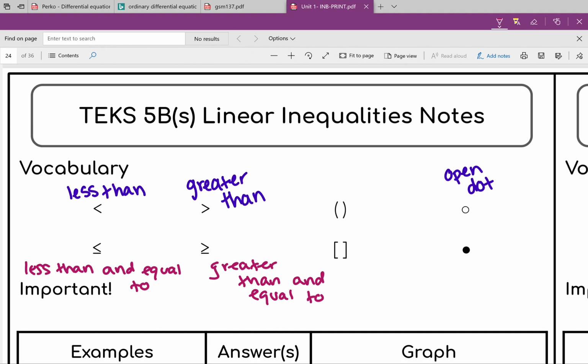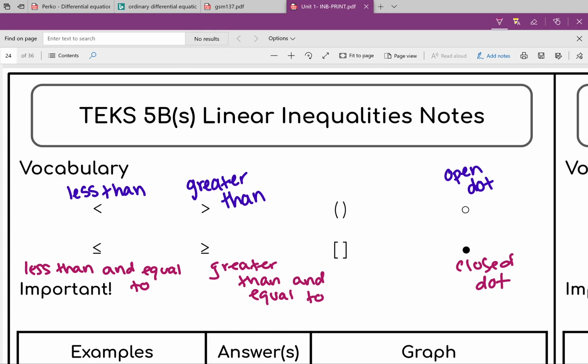And then we have a closed dot. So everything that I wrote in purple, we use only with less than or greater than symbols. Everything that I wrote in this pinkish color is used when we have the equal sign. So that means the brackets include the number and the closed dot include the number. Okay.